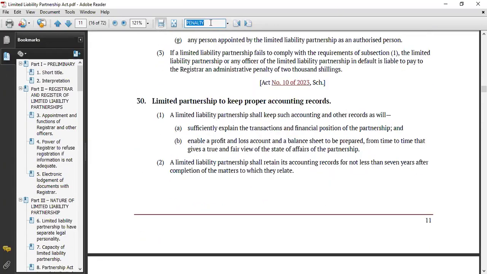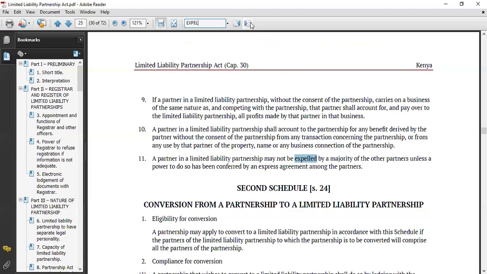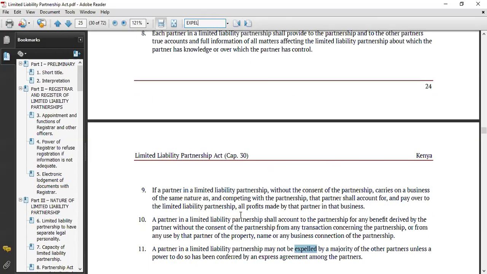11. A partner in an LLP may not be expelled by a majority of the partners unless a power to do so has been conferred by an express agreement among the partners. So that is the answer. Because there is no express agreement, he cannot be expelled.